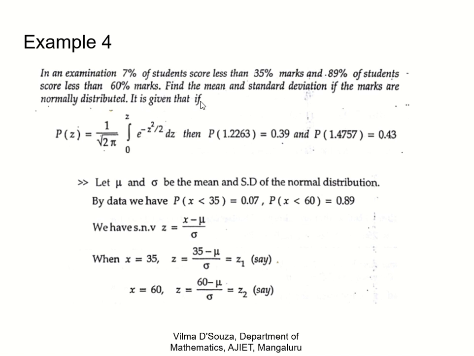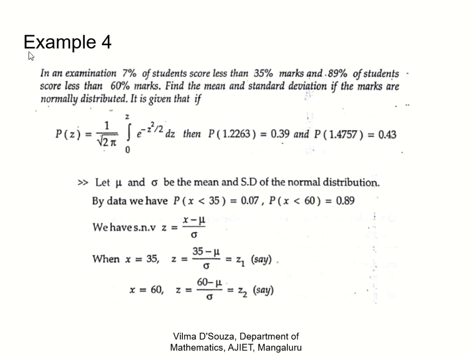It is given that if P of z is equal to 1 by root 2 pi into the integral of e power minus z square by 2 dz from 0 to z, then P of 1.2263 is equal to 0.39 and P of 1.4757 is equal to 0.43.